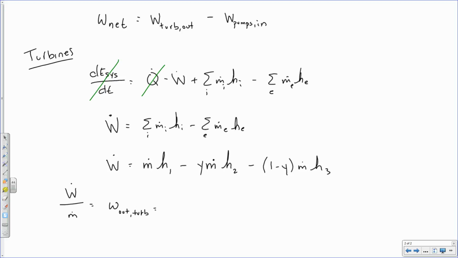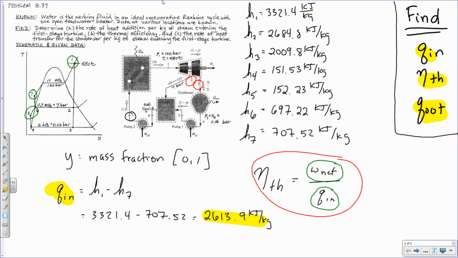It's going to be equal to h1 minus Y h2 minus (1 minus Y) h3. So in order to solve for the work of the turbines out, we need to determine what Y is, that mass fraction that enters into the open feed water heater through state 2.